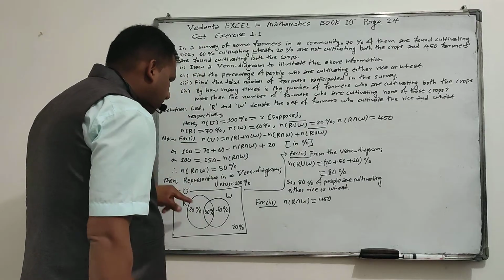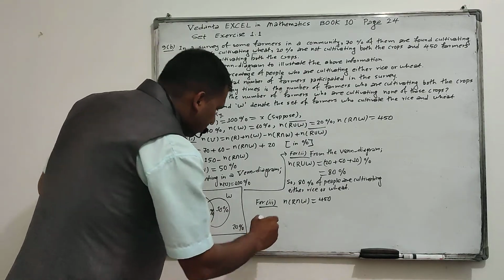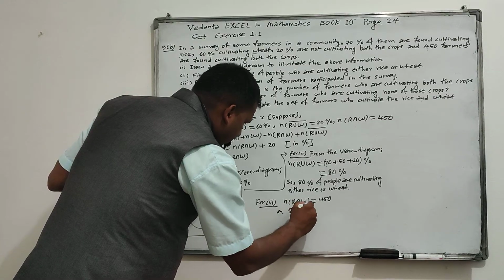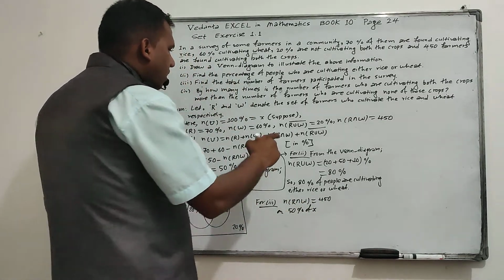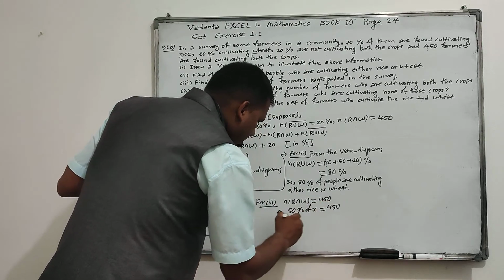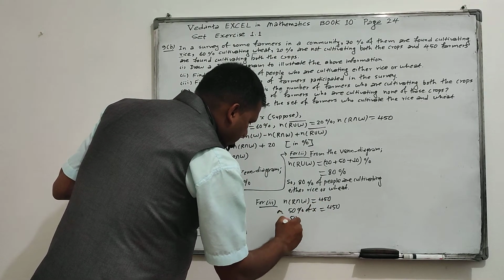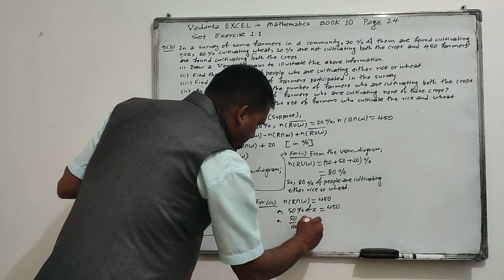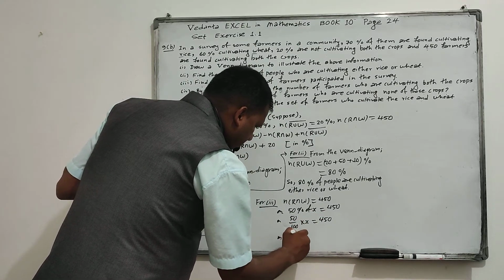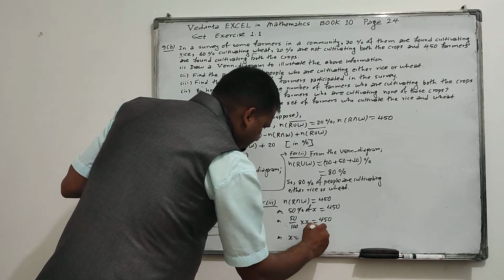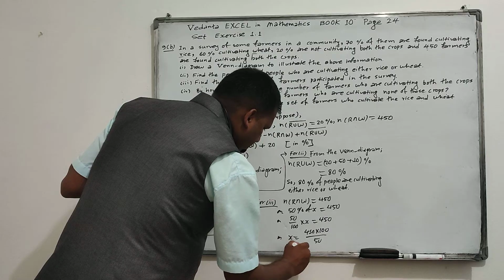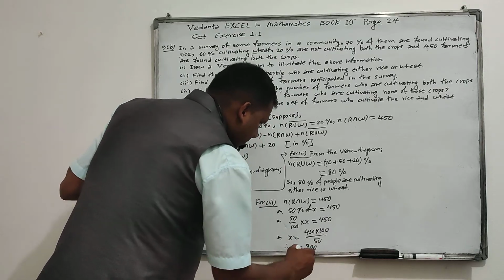From the Venn diagram, that is 50% of X, or 50% of total data X equal to 450, or 50 by 100 times X equal to 450, or X equal to 450 into 100 divided by 50. Therefore X equal to 900.